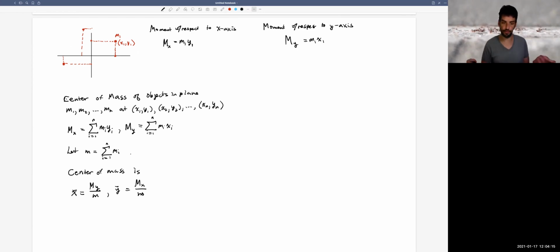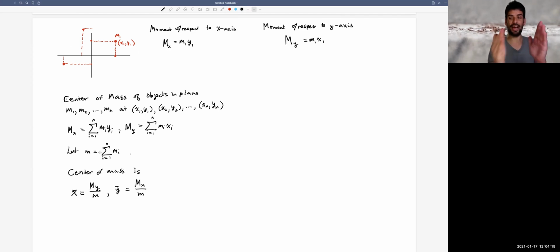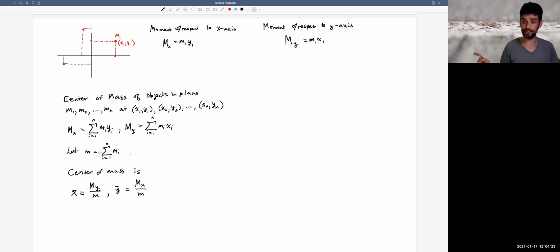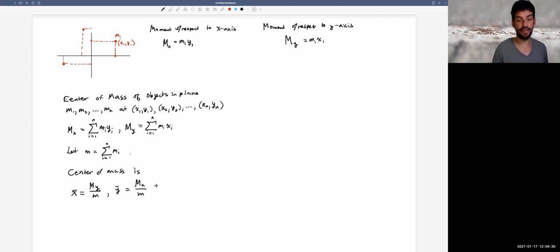Okay, right? So notice that x and y confusion there. This is the moment with respect to the y-axis, which means we're looking at how far we are away from the y-axis, which is horizontal, which is why it's the x bar, and then the same thing for the y bar, right? Which means the center of mass is, I forgot to write this here, given by the coordinates x bar, y bar.